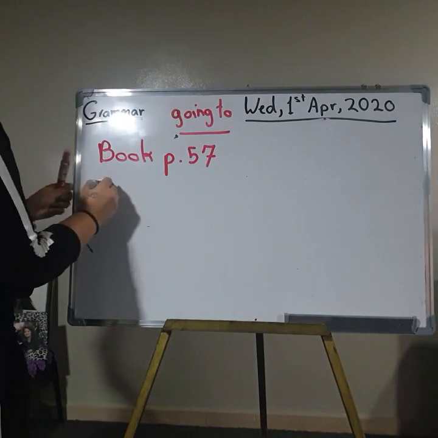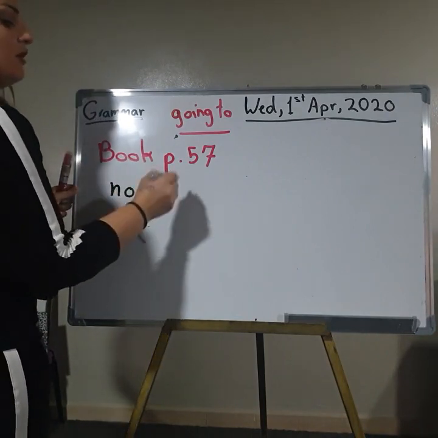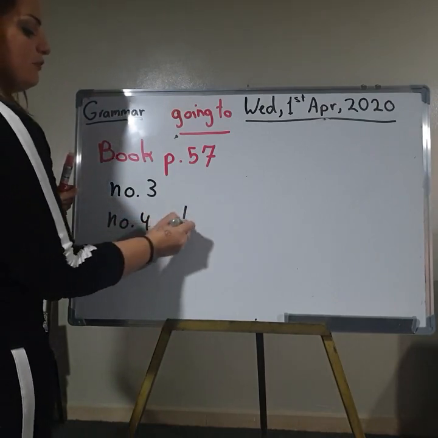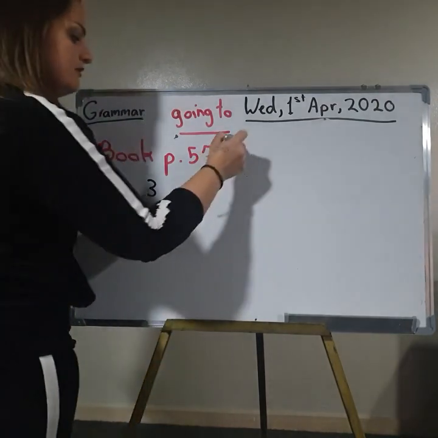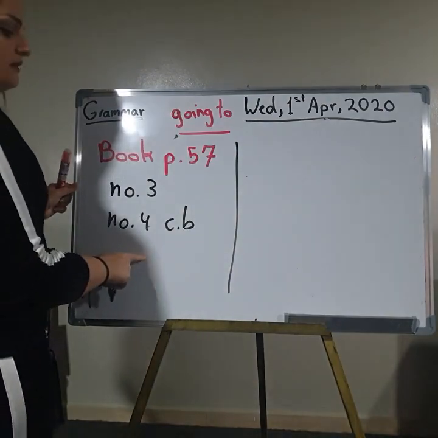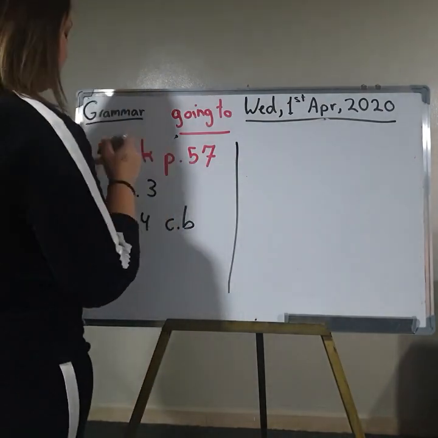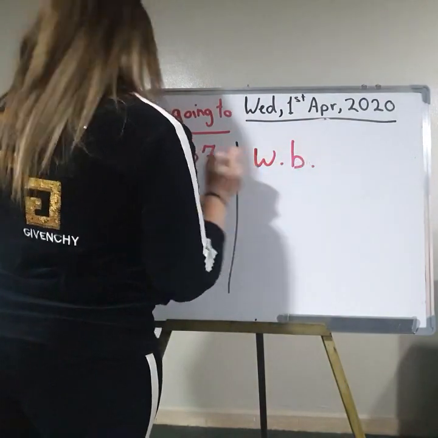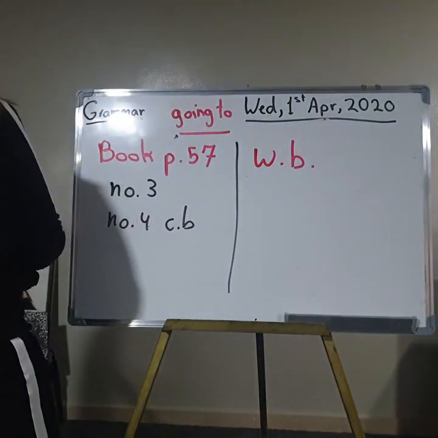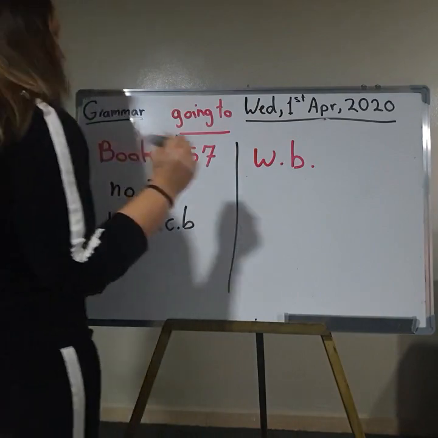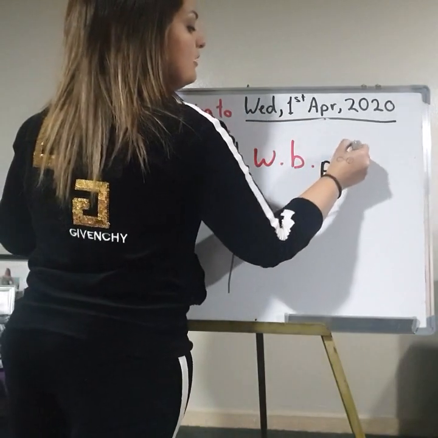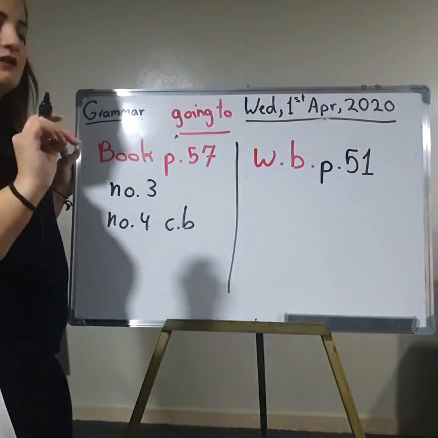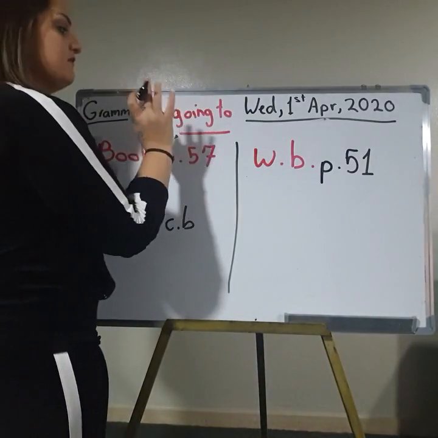I want you to do number 3 in the book and number 4 in the copybook, the same way we did the previous lesson, okay? And in the workbook I want you to do page 51, okay? Page 51.